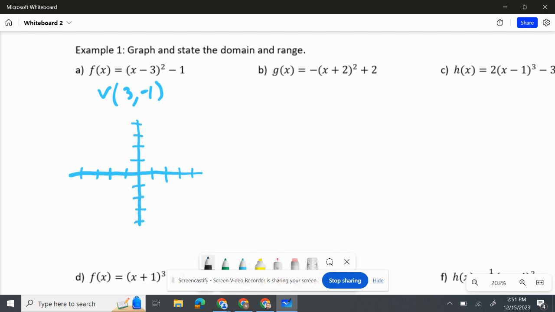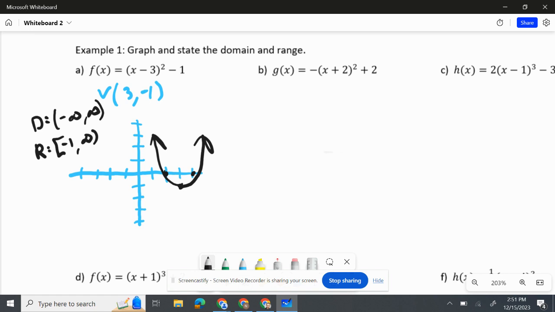We have our 3, -1, and we go up 1 and then to the right and left, making kind of like a U. Our domain is going to be -infinity to infinity, and our range is starting at -1 and going to infinity.